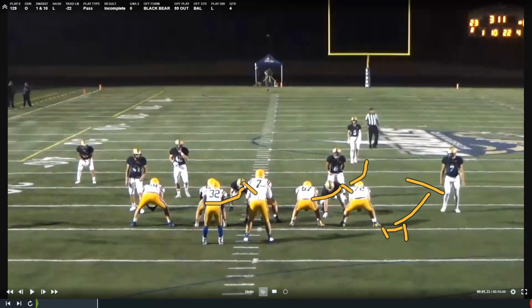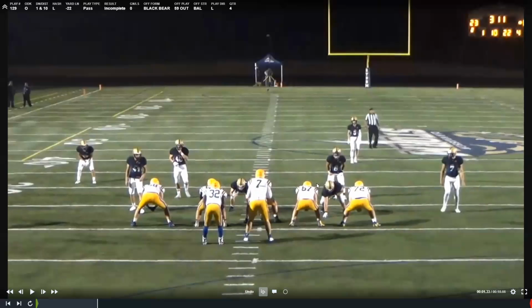We can have a chip here if we want, or you can just work up to the next play side backer, and you're rip releasing, trying to cut off this backer here. Now if we don't have an H and we run sweep, you're pretty much kicking him out. This is a scoop block. This is chip and scoop, working to play side backer, and you're ripping up to this backer here. Just go with your rules, gap on over like we normally do.